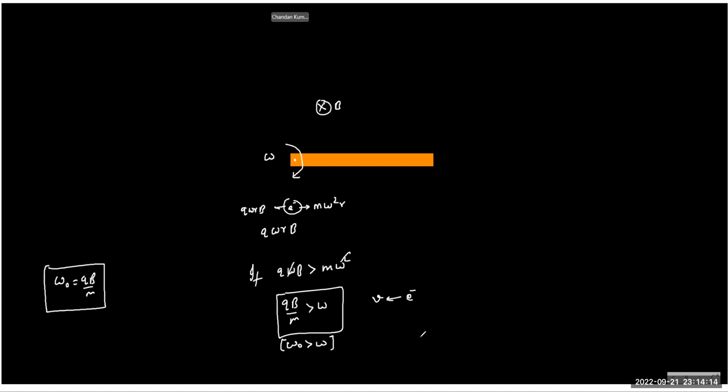So what I'll suggest is solve for this particular scenario. The reason is the motional EMF due to the magnetic field is quite dominant compared to the centrifugal. In fact, centrifugal is so small compared to the other one that it is almost nothing, tending to zero.